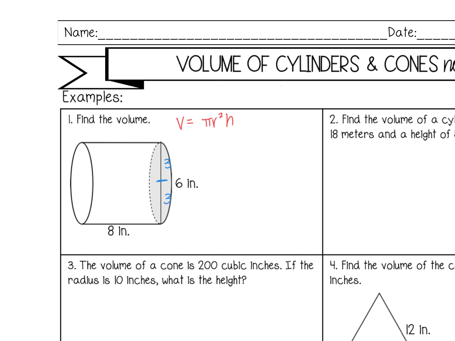That is my radius. And then what's my height? Good. It is your 8, not your 6. Please don't get that confused. So now plugging in, I'm going to take pi times my radius squared times my height, which is 8. All you have to do is plug it into your calculator. Volume equals 226.2 inches cubed.